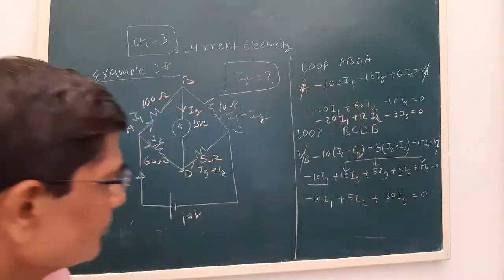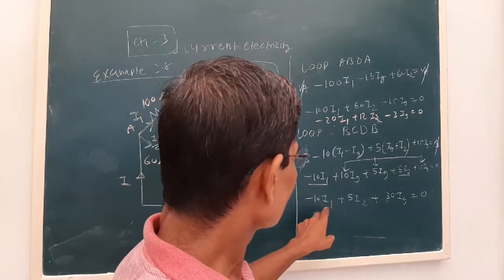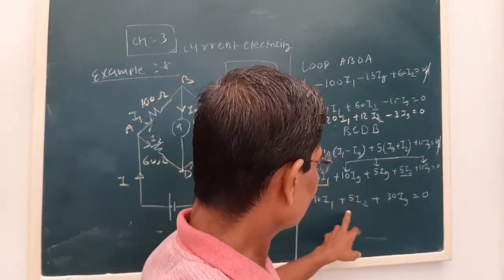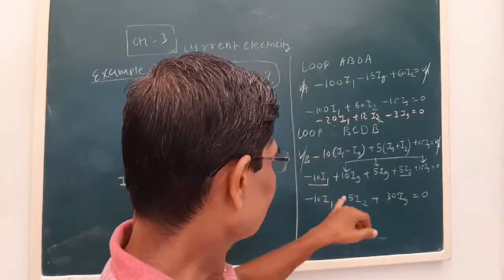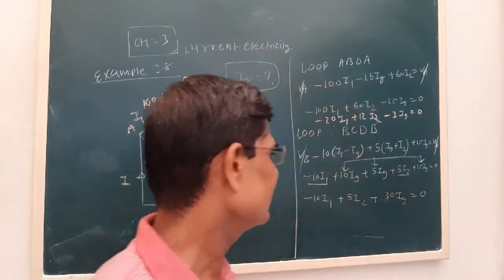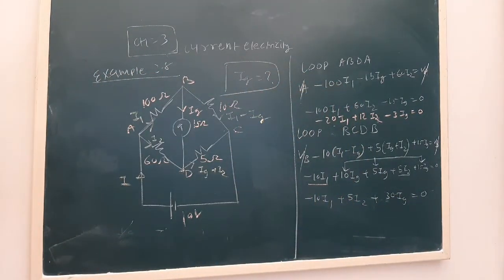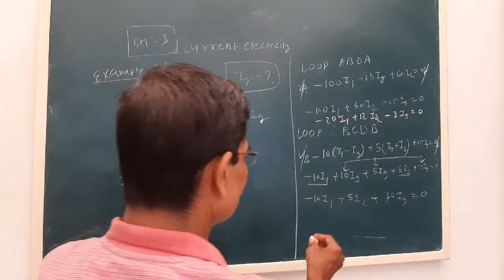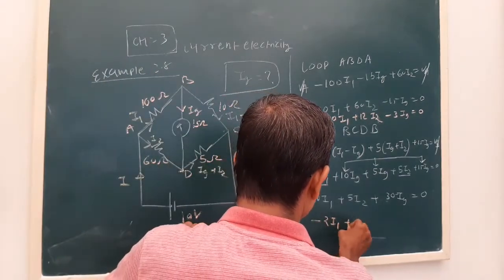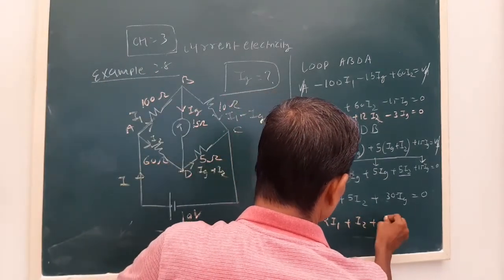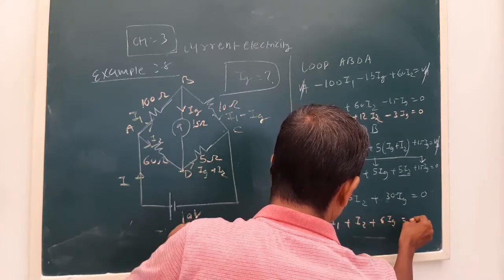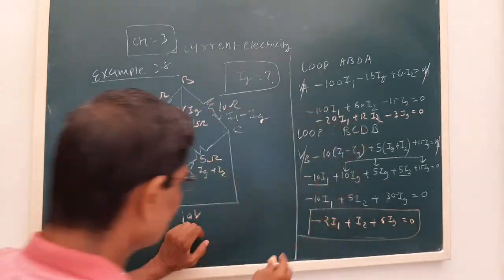So minus 10 I1, 5 I2, and 10 plus 5, 15 plus 15, 30 Ig. Again, these are all multiples of 5, so we divide by 5: minus 2 I1 plus I2 plus 6 Ig. That is nothing but the second equation.